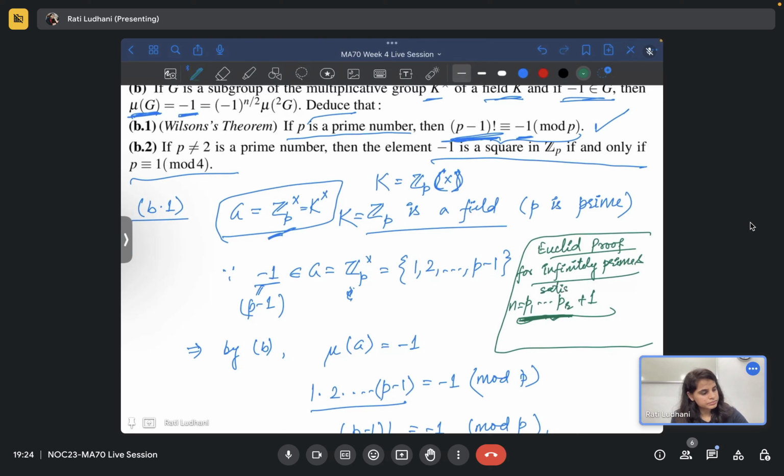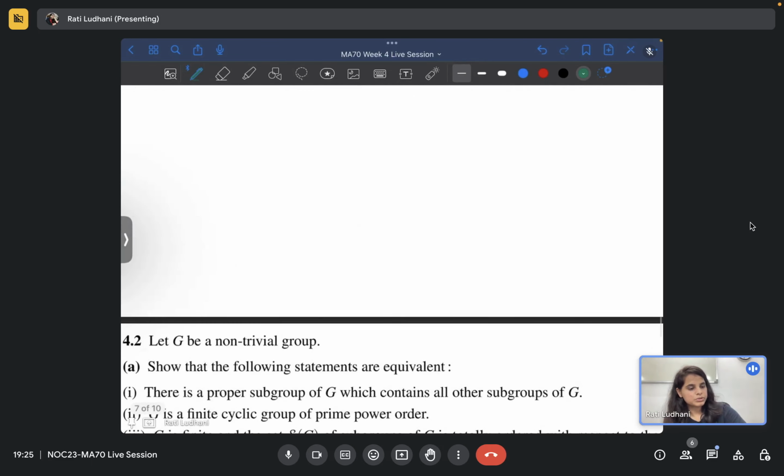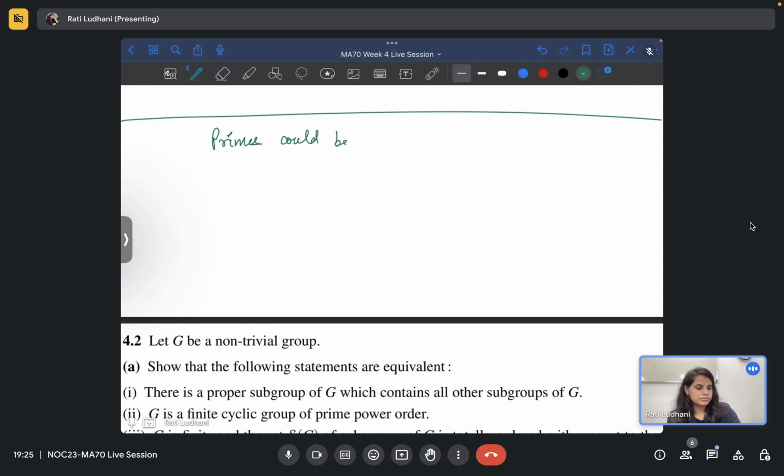Primes could be of the form 3 modulo 4 or 1 modulo 4.